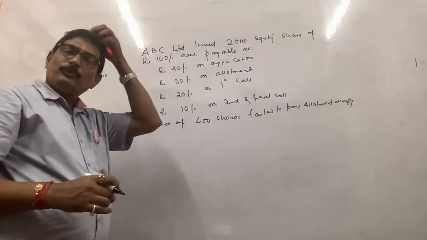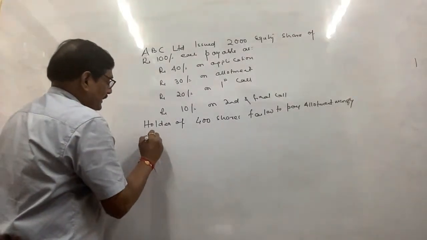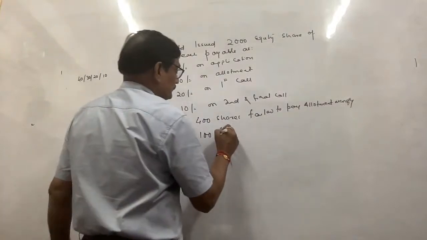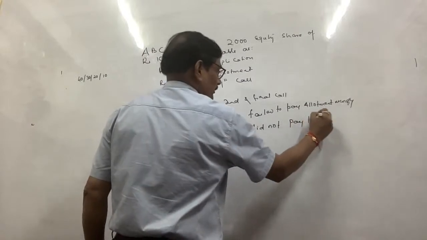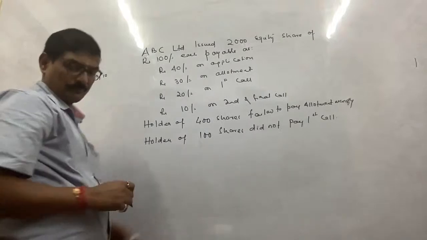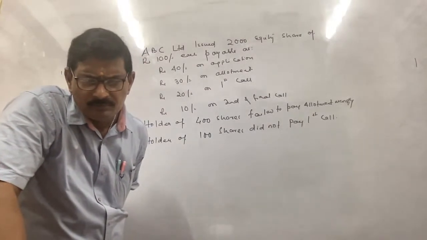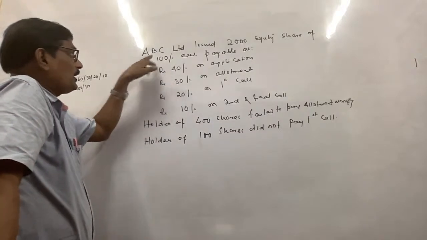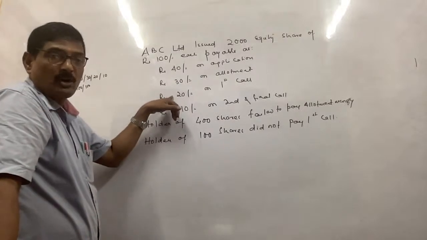Another holder of 100 shares did not pay first call. 2000 shares issued, 100 rupees each, payable as 40 rupees on application, 30 on allotment, 20 on first call, and 10 on second and final call.